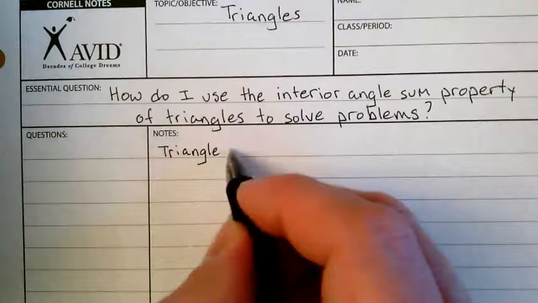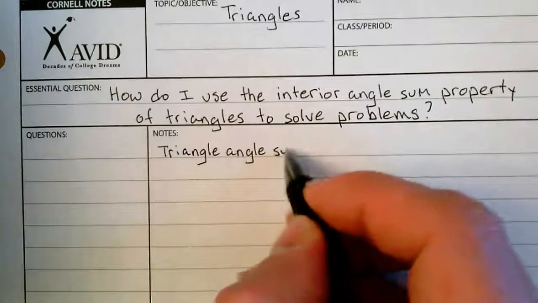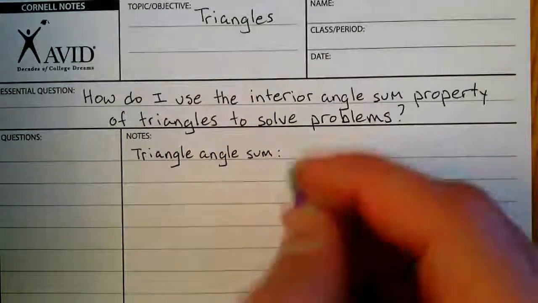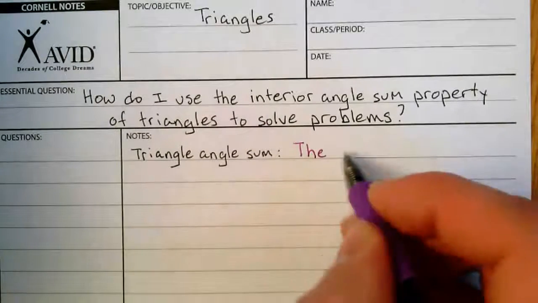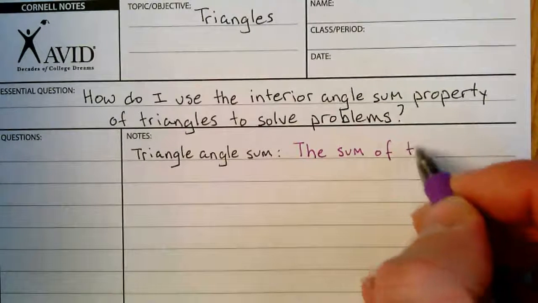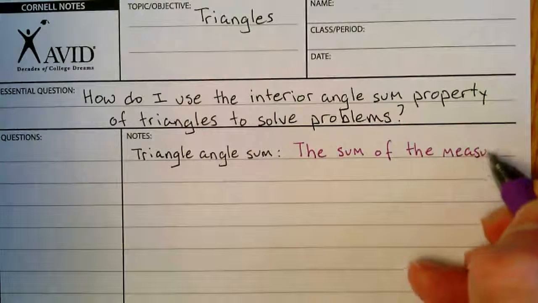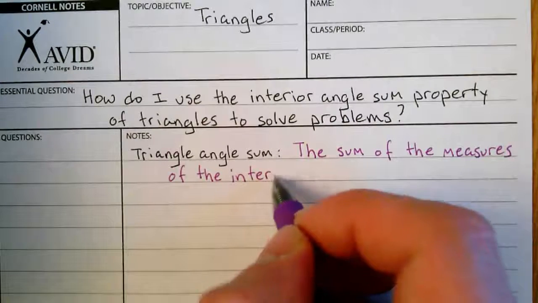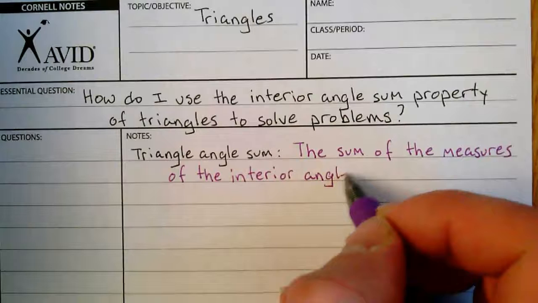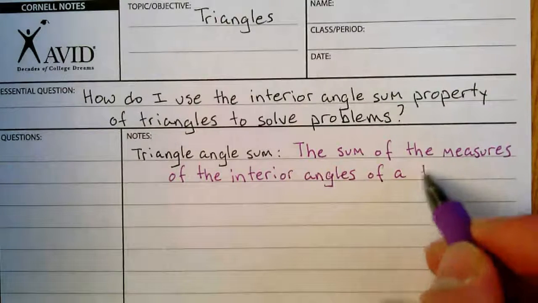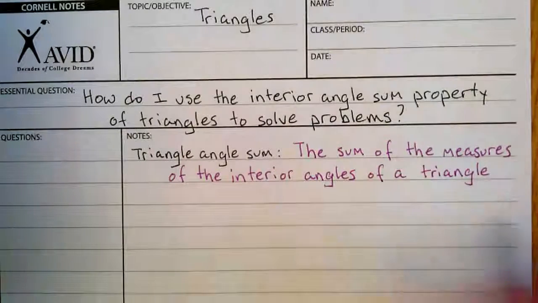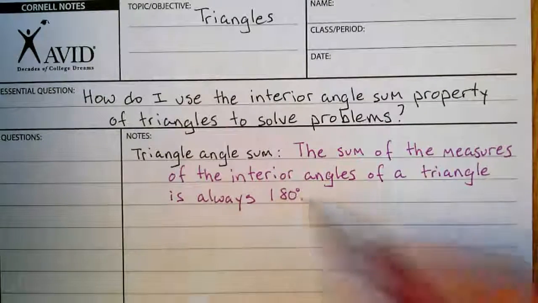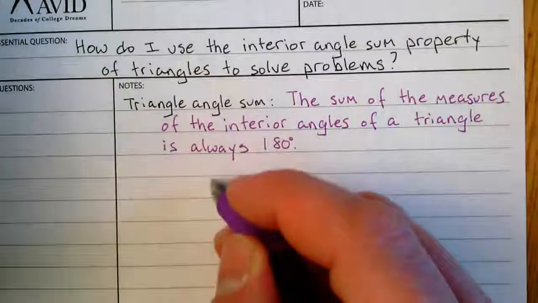The triangle angle sum tells us that, let's switch colors, the sum of the measures of the interior angles of a triangle is always 180 degrees.